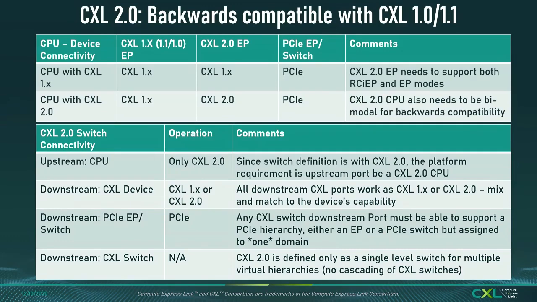Same thing on the next row, which is the PCIe. It will also just work because again, it's full plug and play. And right now, CXL 2.0 is defining switching to be a single level. So the downstream port connecting to a CXL switch, we don't have that. And I'll talk a little bit more about that. Next slide, please.